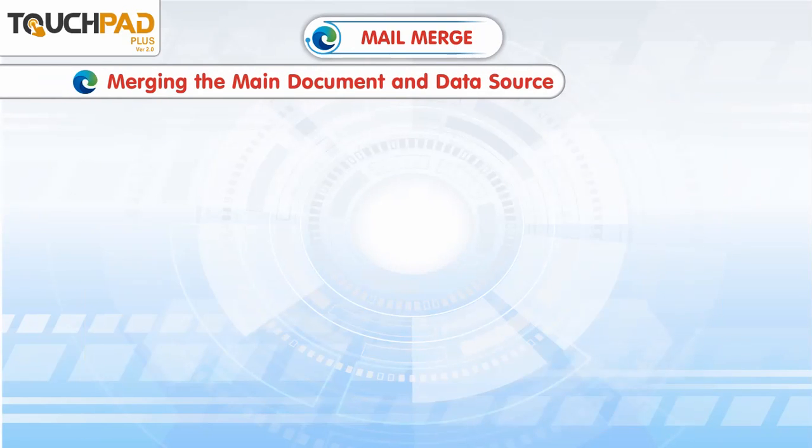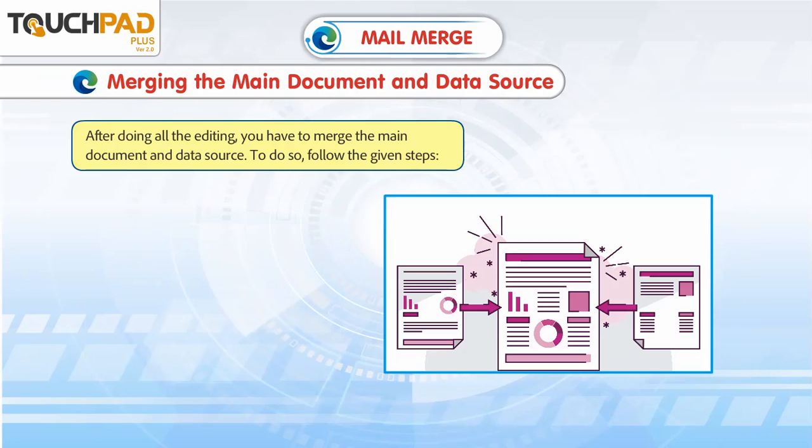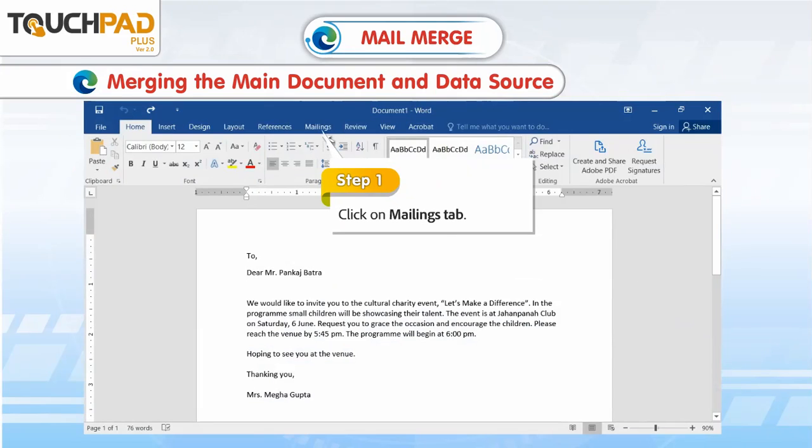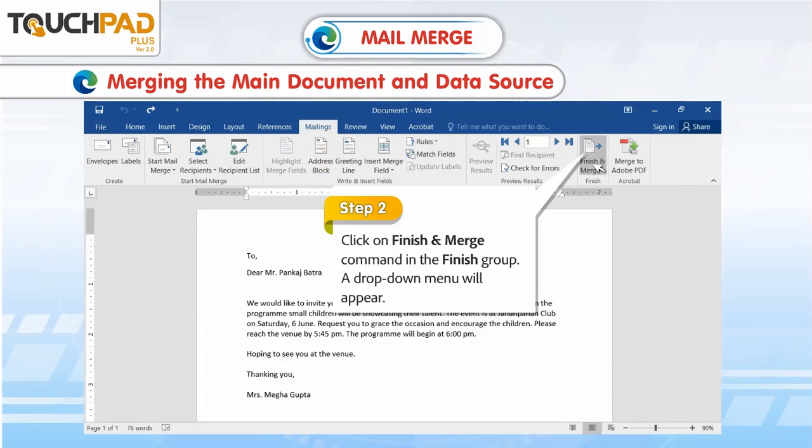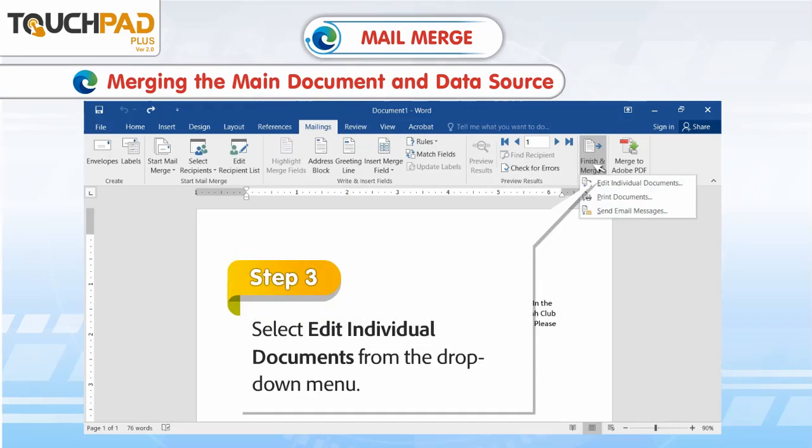Merging the main document and data source. After doing all the editing, you have to merge the main document and data source. To do so, follow the given steps. Step 1. Click on Mailings tab. Step 2. Click on Finish and Merge command in the Finish group. A drop-down menu will appear. Step 3.